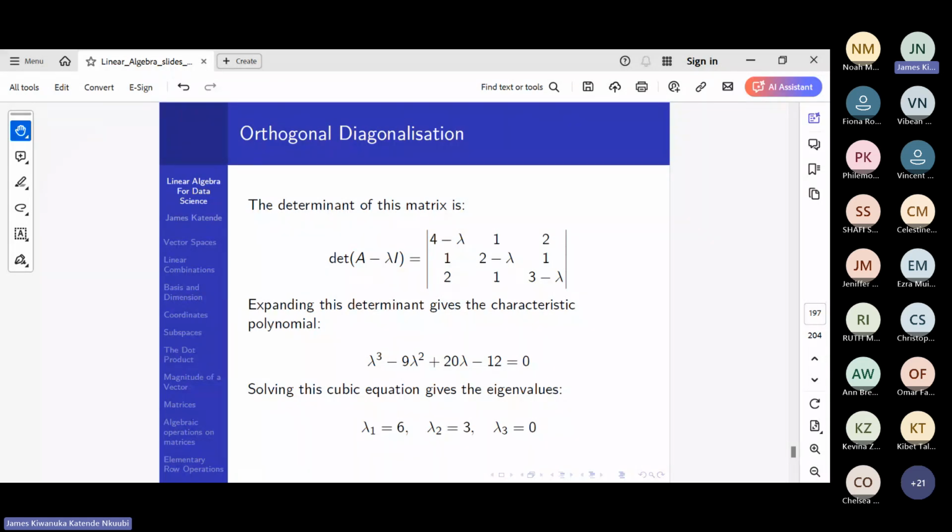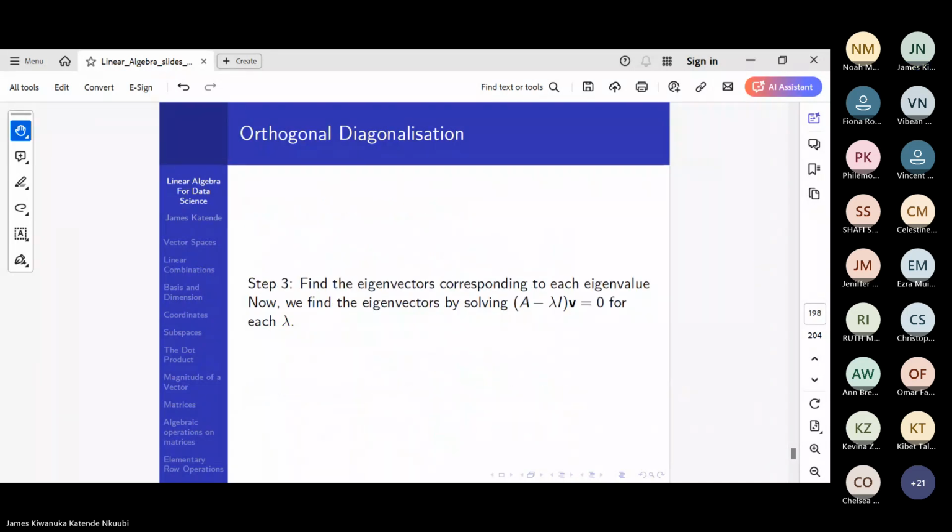For each eigenvalue, we will have to construct a homogeneous system of linear equations to solve, using this as a coefficient matrix and substituting lambda for each of these values. So that's what this step says. You need to solve this system where A minus lambda I is the coefficient matrix.